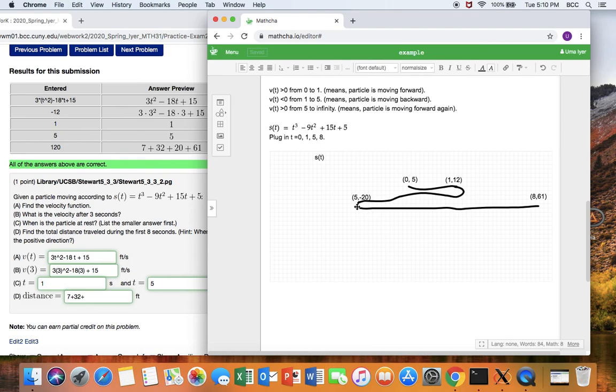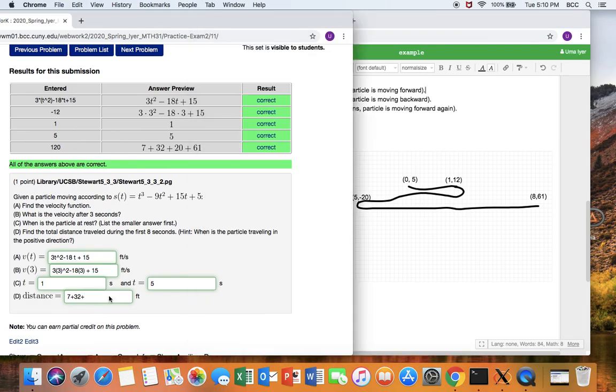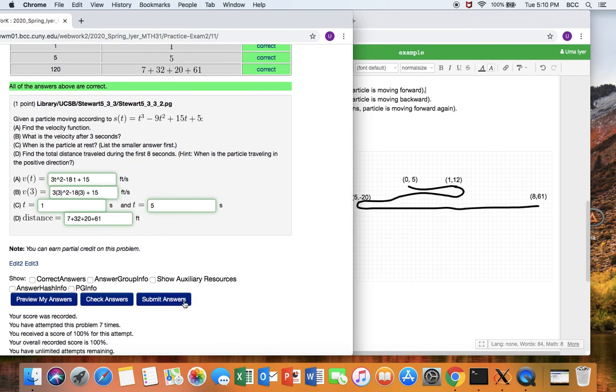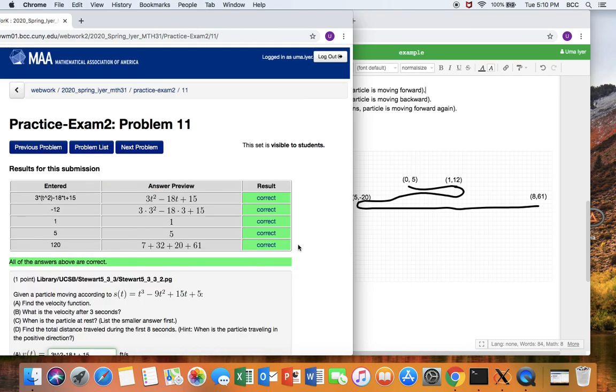Now, from negative 20 to 61 on the number line, all of 20 until 0, and then 61. So 20 and 61. All of this. I hope this is clear. Check your work. We are done.